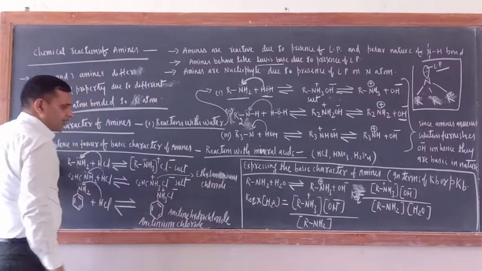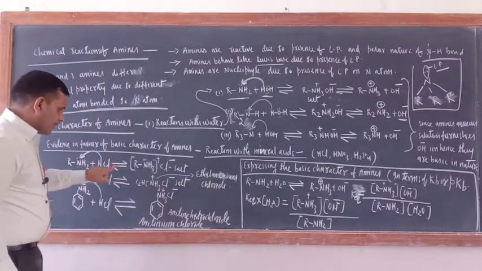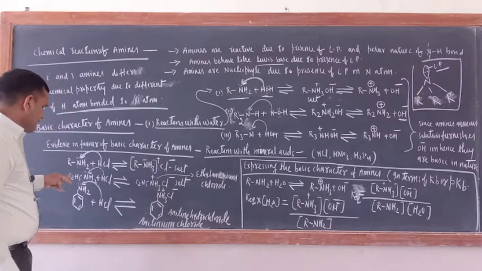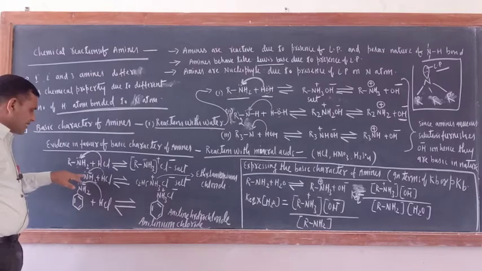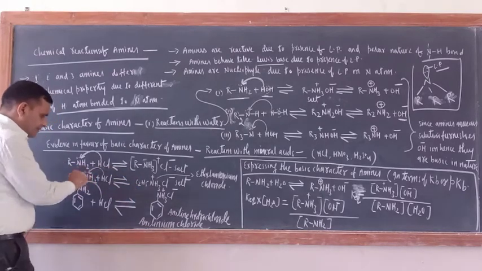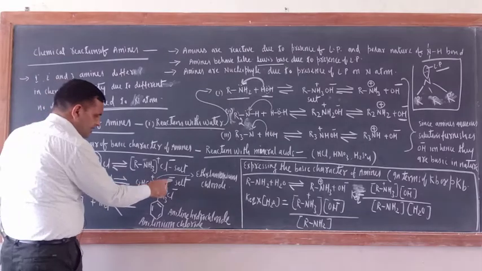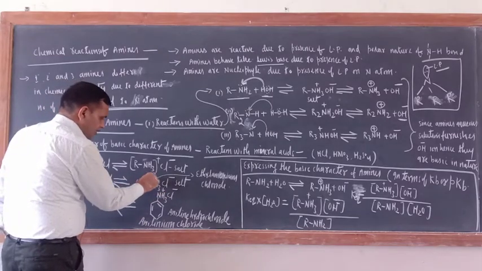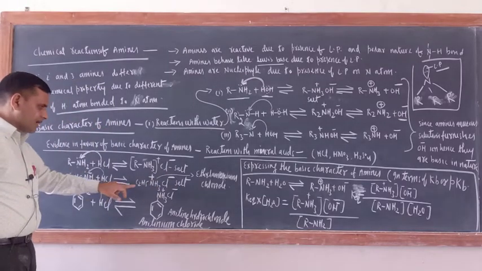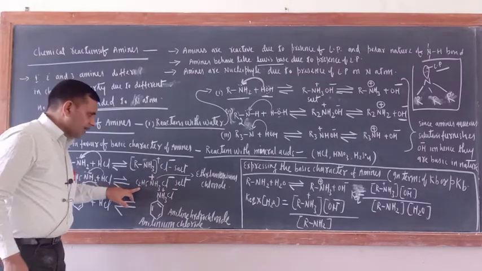This would be salt because positive and negative parts both are there. Please take one individual example, C2H5NH2 plus HCl. So this will accept one proton, C2H5NH3 and Cl negative. This is the positive part, this is the negative part, this is salt. Now try to understand what would be the name of this one.